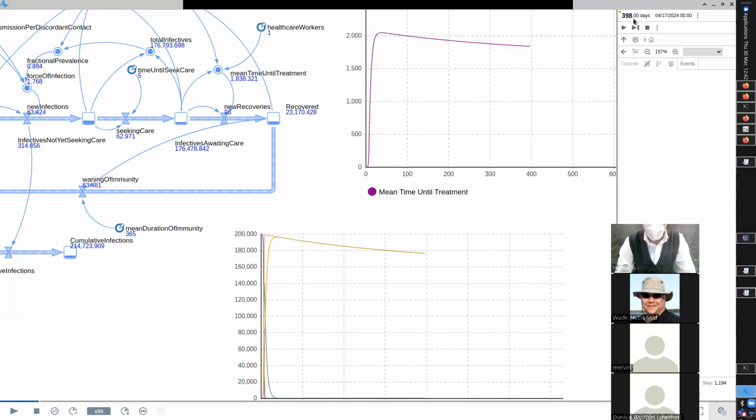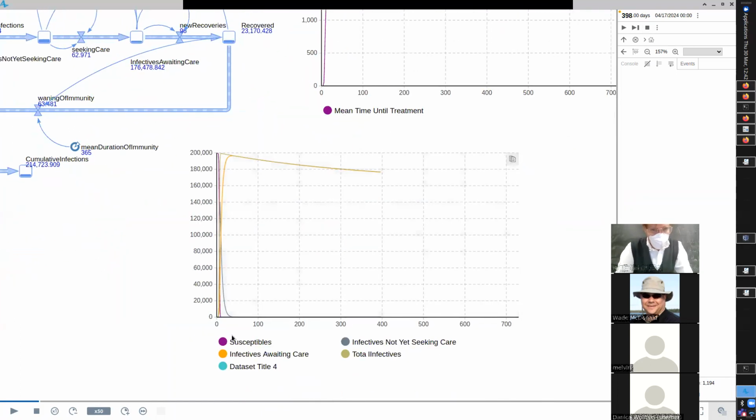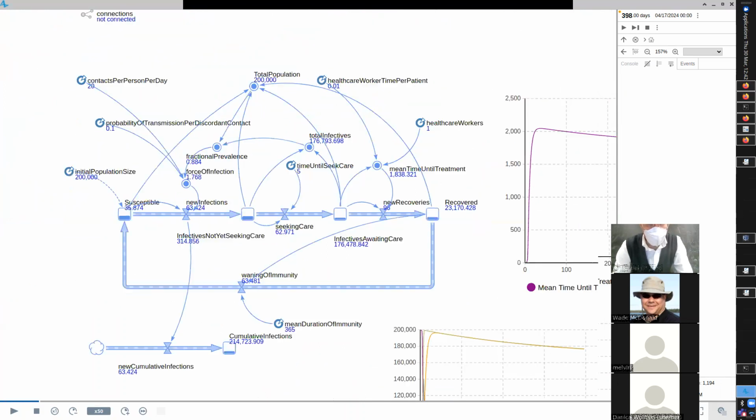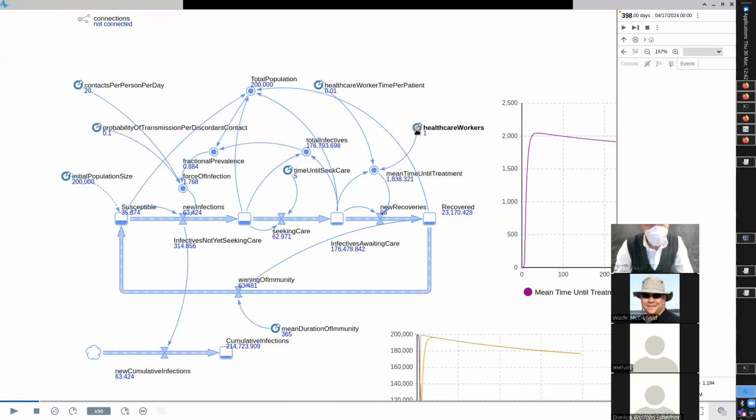So roughly speaking, about here it's 400 days, fine. You'll notice the total number of infectives is very, very high here, again around 180,000. Now I'm going to impose a larger number of healthcare workers. Suppose now we have 5 healthcare workers.